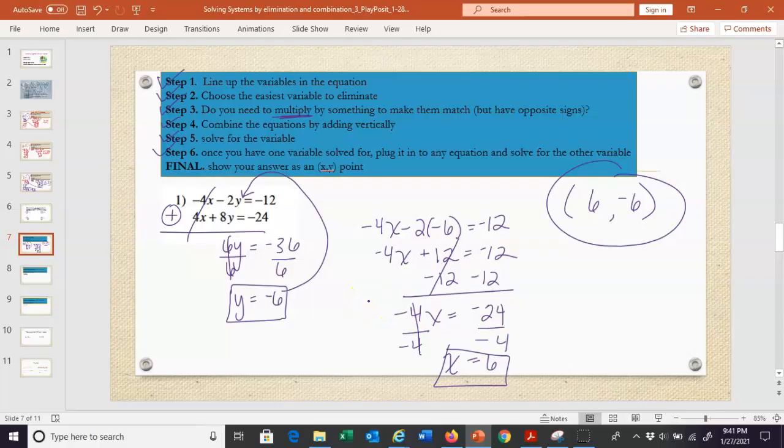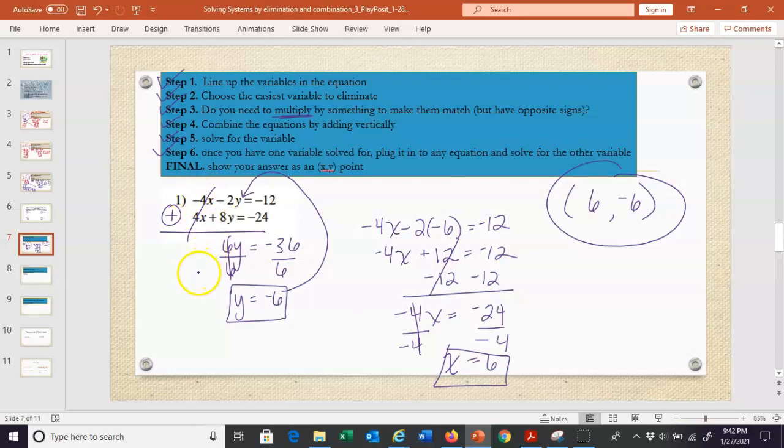And the reason this works, again, is because we're solving them simultaneously, which means at the same time. And that's the whole sort of definition of a solution to a system. It's where it's happening at the same time, at the same point, where they cross. So this is just another method.